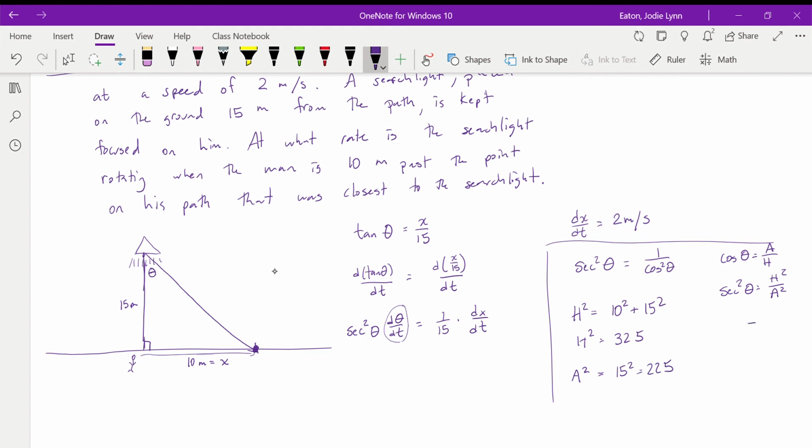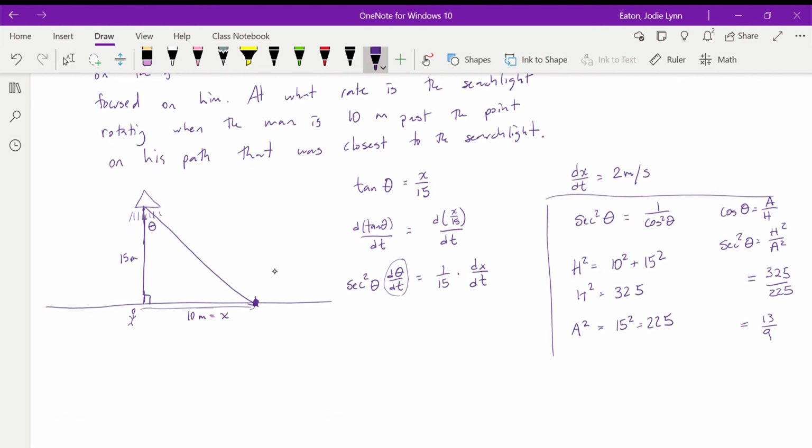So our h squared over a squared is going to be equal to 325 over 225. Dividing by 25, we get 13 over 9. So secant squared of theta for this particular triangle is equal to 13/9. So I can plug that back in. That was quite a fun little side adventure in right triangle trigonometry using inverse trig functions. Sorry, not inverse, reciprocal trig functions.